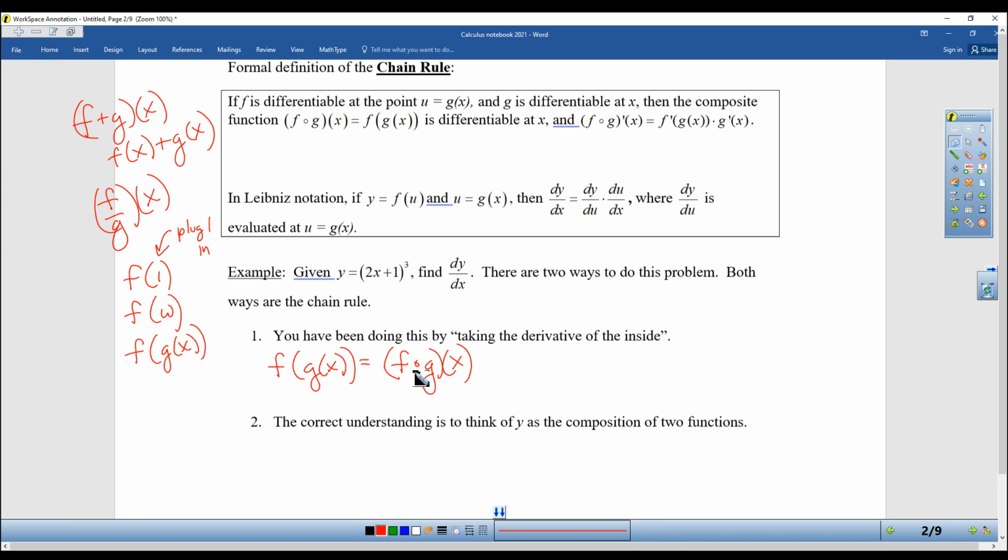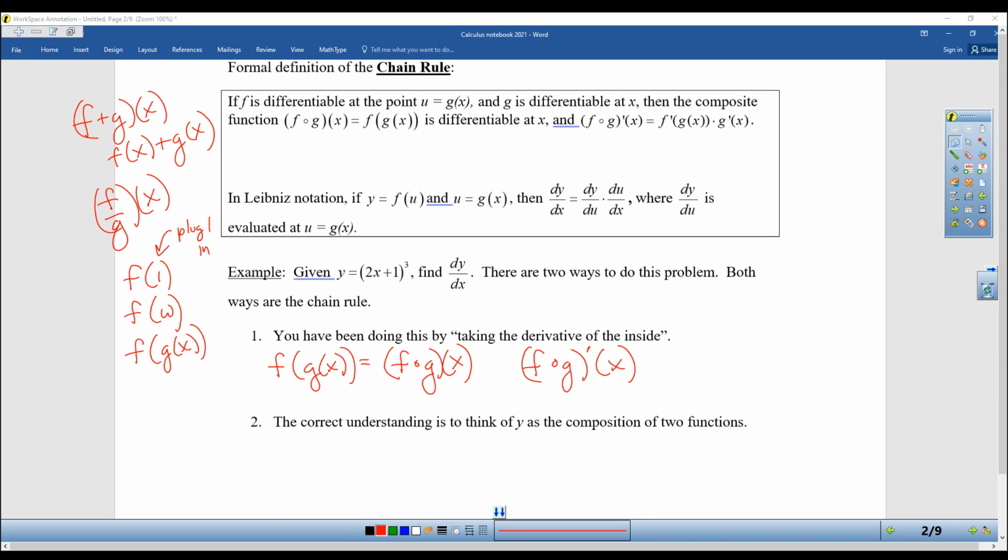This means f of g of x, which is actually how you would pronounce this first one. Why is it easier? Because when I want to take the derivative, I know exactly where I want to put my little derivative mark. I want to put it right here. F of g, the derivative of x, where when it's in this notation, people get confused where they should put it.